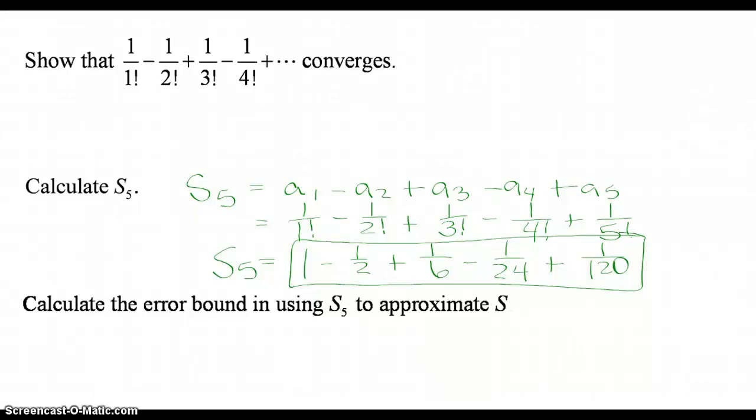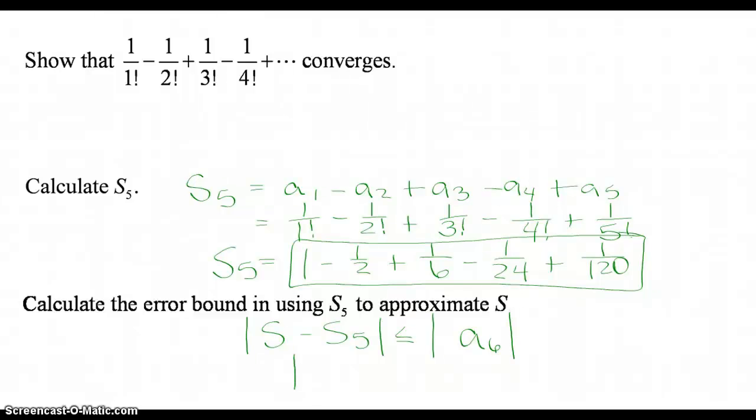Now the next question says calculate the error bound using S sub 5 to approximate S. Now I know that I will have to know, you will have to know, in other words, how to put that together in symbols. So the error bound using the fifth partial sum to approximate the actual sum must be less than the next term in the series.